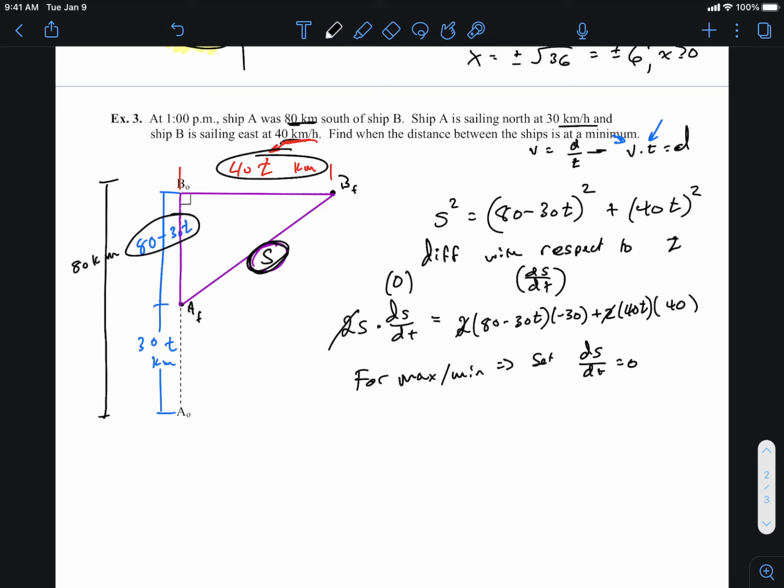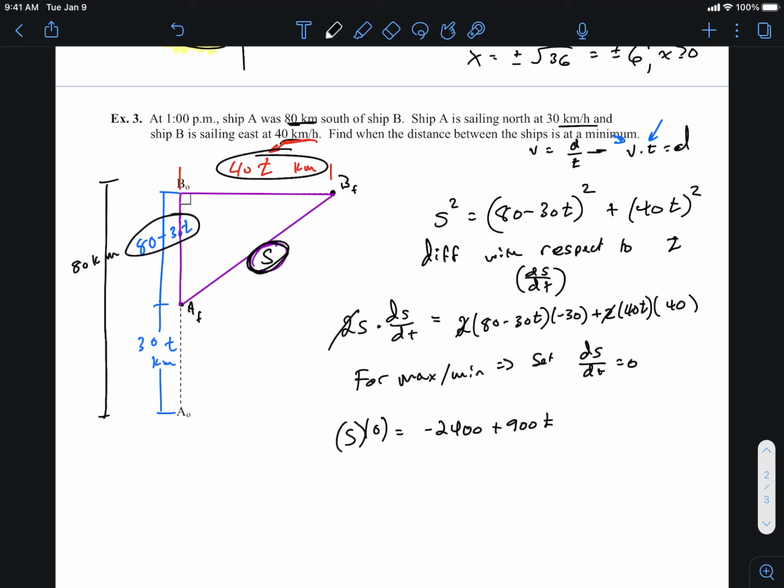This is going to become 0, but then the 0 is going to consume that S. So we'll get S times 0, which we know is going to be 0. I'll write that there for now, just so we don't freak out as to where the S went. Then, if I were to clean up, I'm going to do some distribution at the same time. I'm going to get negative 2400 plus 900t.